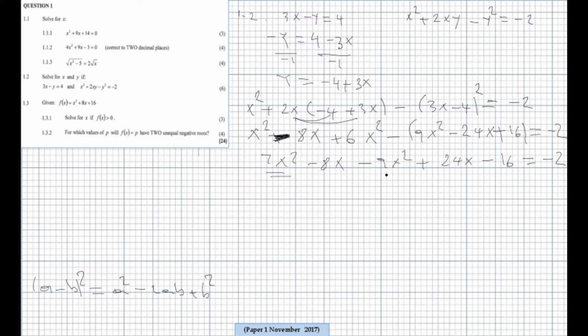Of course we have the like terms, and these two are also like terms, so I'm gonna add these two to get negative 2x squared, and I have 24x and negative 8x, so that gives plus 16x. So I have negative 16, and I bring 2 to the left.